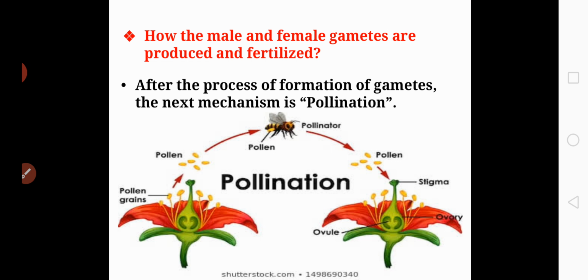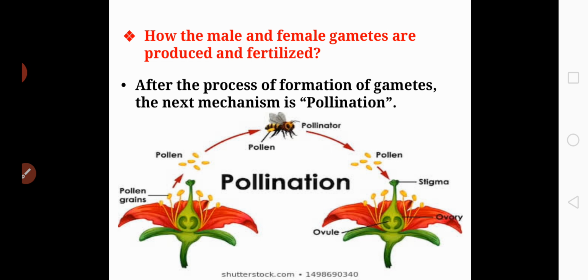As a result of this, microspores are produced, and all these microspores are referred to as pollen grains. At maturity, each pollen grain consists of two male gametes, which are also called sperm cells.